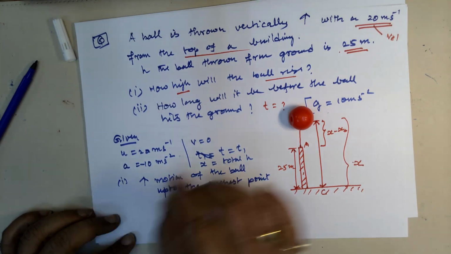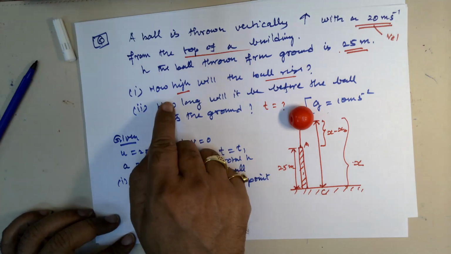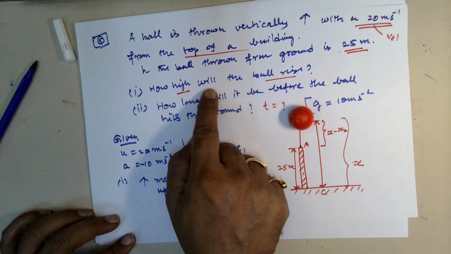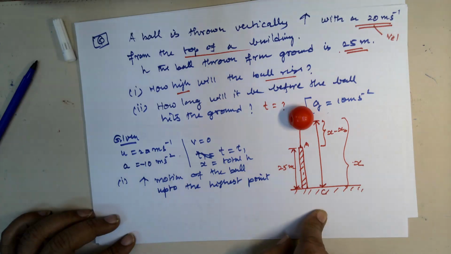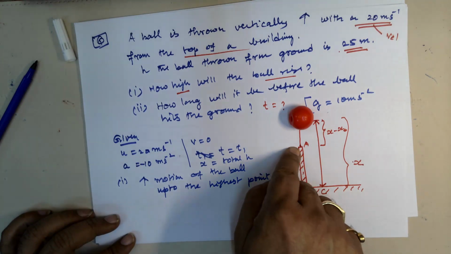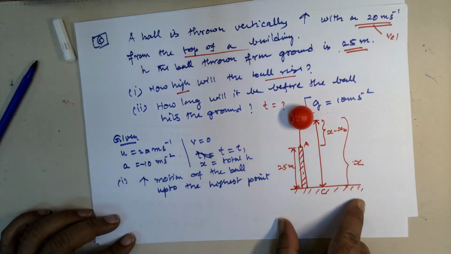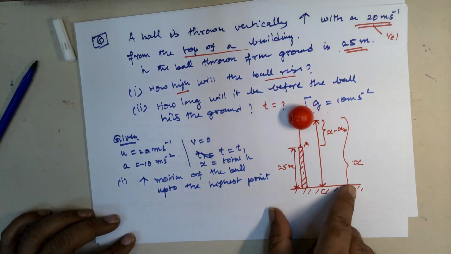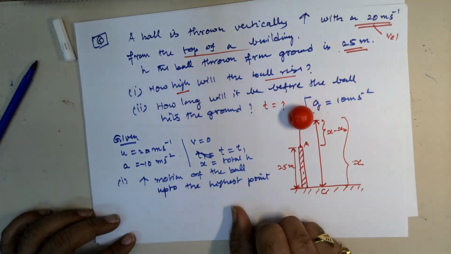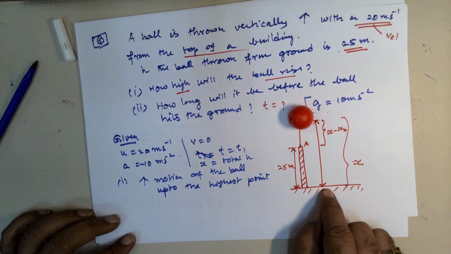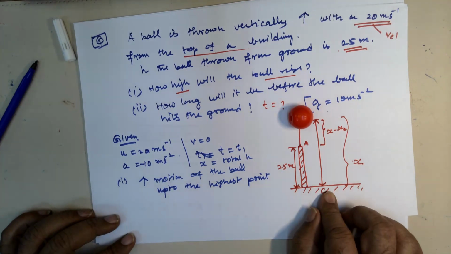Got it? Now, what is asked? How high will the ball rise? It means that is from the ground, not from the top, right? When they are simply asked the height of the ball, you must consider only from the ground.